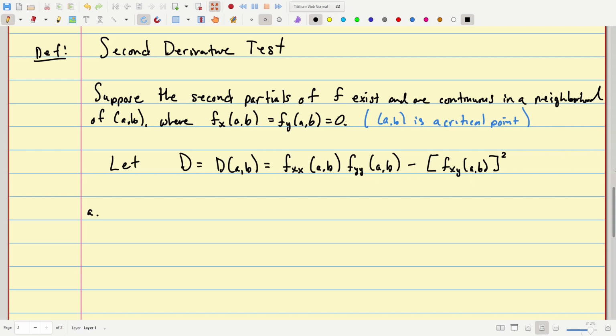There are 3 cases. If the value of D is positive and the second partial with respect to x is positive, then f(a, b) is a local min.